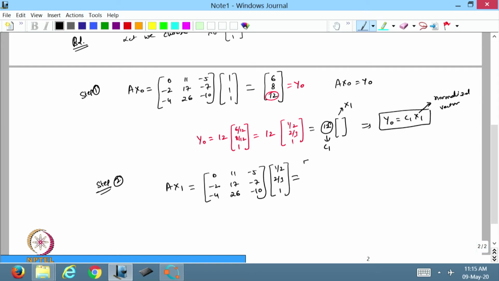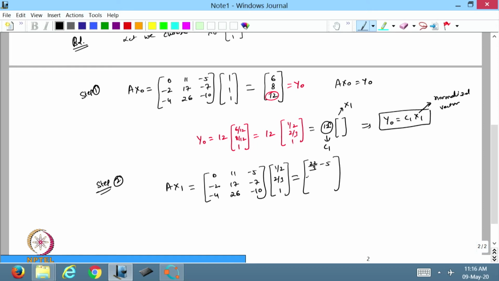So, if I multiply this one, from here I will get 11 by 2 minus, it is not 11 by 2, it is 2 by 3. So, it is 22 by 3 minus 5 and this I multiply here.